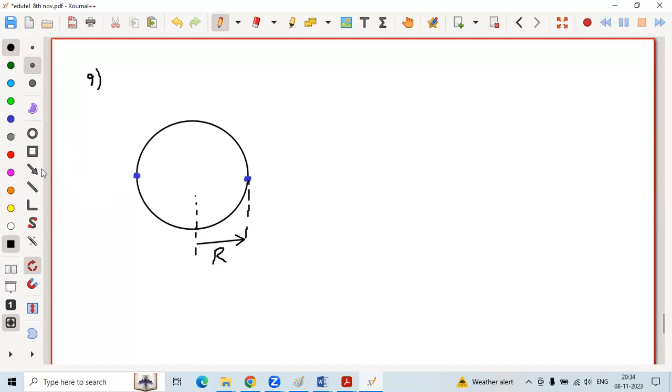According to Newton's law of gravitation, whenever two masses are there, force of attraction will be there. That is G M by the distance between them, which is nothing but 2R, distance whole square.